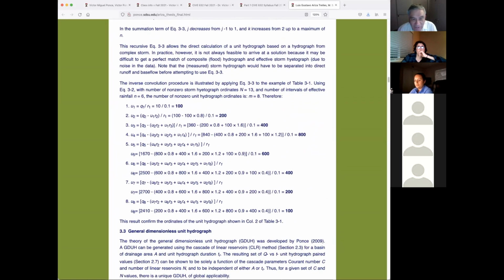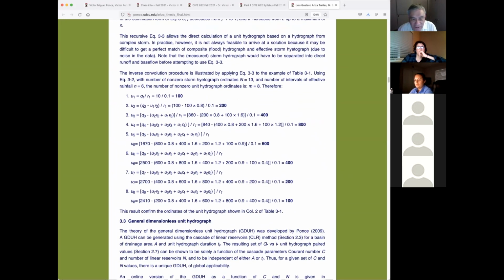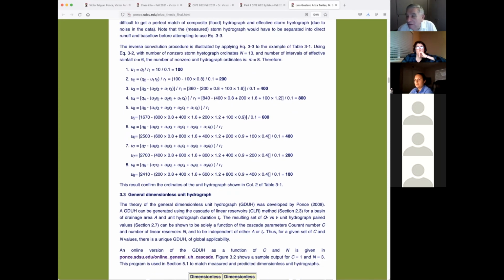And this is an example for the calculation of inverse convolution. We actually have not done a calculator on this. And you know why? Because I don't think anybody would use it, simply put. Besides, it's tricky because if the data is ill posed, it'll give you trash. So the data has got to be perfect. In other words, you have to have an inflow hydrograph, a unit hydrograph, some rainfall, and get the flood hydrograph.